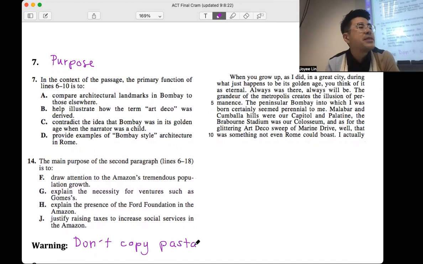But remember, the purpose is not asking you what does the author say. The purpose is asking why is the author saying it. So there's one we can immediately cross out from number 7, C. See, right? We hate the word contradict.